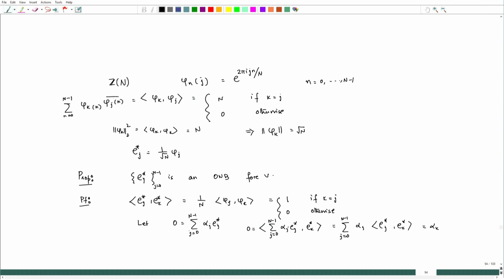So, alpha k is 0, this is for each k, hence E j star, j from 0 to N minus 1, are linearly independent. Okay, so that means they are the orthonormal basis for this.